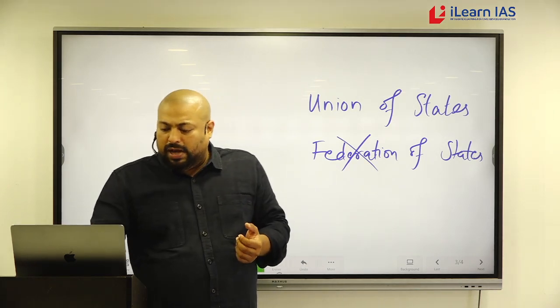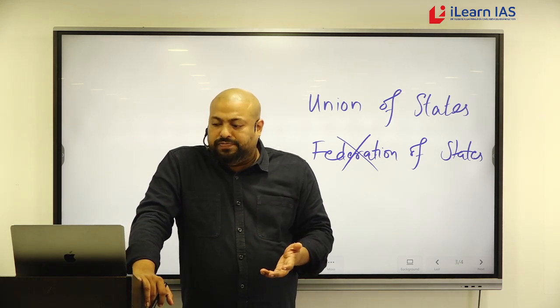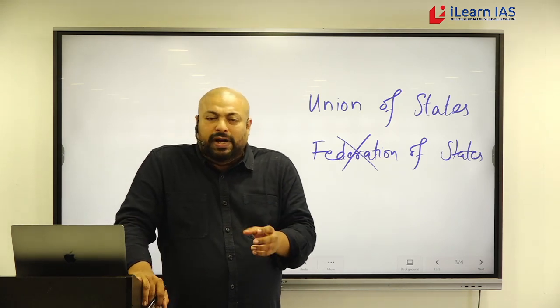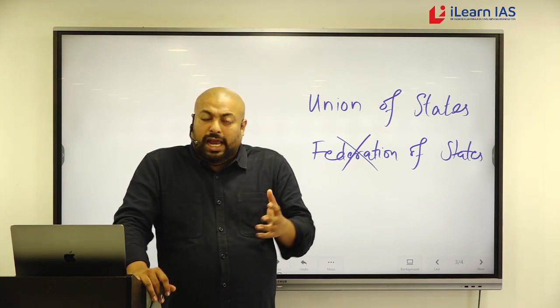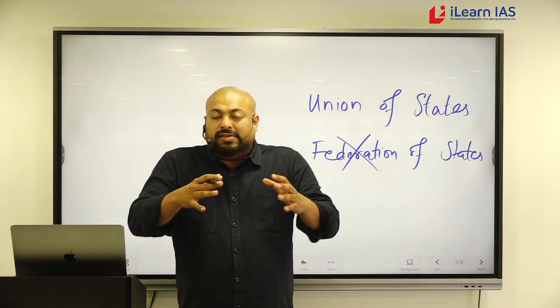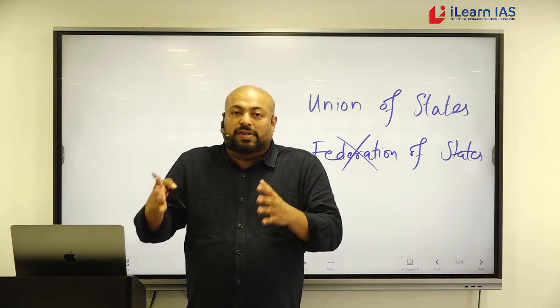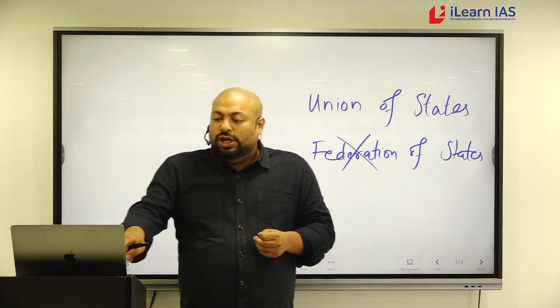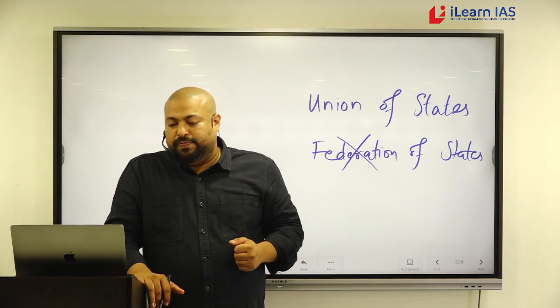At the same time, Article 1 also talks about the territory of our country. The states and the territories are identified in the first schedule of the Constitution. In the Constitution, along with the articles, there are a series of tables and lists given. These lists and tables are normally identified as the schedules. In the very first schedule of the Constitution, you get the names of the states as well as the territories of our country.